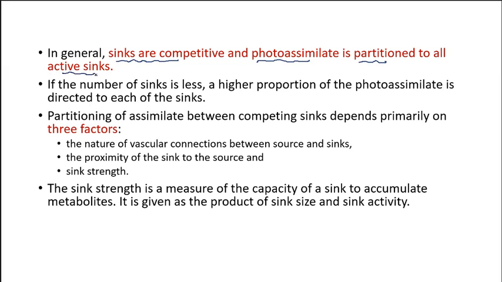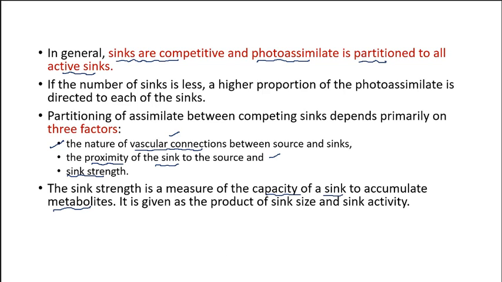They depend on three factors: the nature of the vascular connection, how close the vascular connection of the sink is to the source; the proximity of the sink, meaning how closely the sink is located to the source and how direct the vascular connection is; and the sink strength. If sink strength is high, then a greater amount of photoassimilate will be transported. Sink strength is a measure of the capacity of a sink to accumulate metabolites.